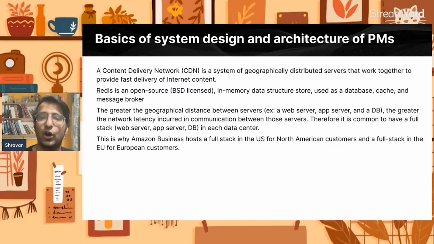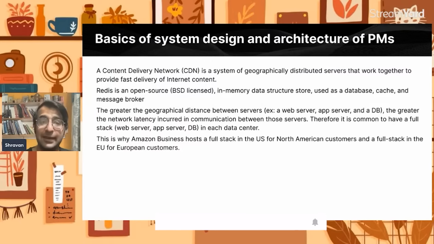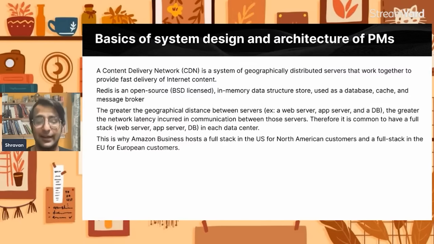Besides the CDN, we also retain information in the cache. Cache is in-memory data. What I mean by in-memory data is that, like there is a RAM, there is a ROM, right? In a typical computer, there is random access memory, there is read-only memory. RAM is something which is in memory, which is stored on the computer, and it is very, very expensive, and it is where the most important tasks are done by the computer.